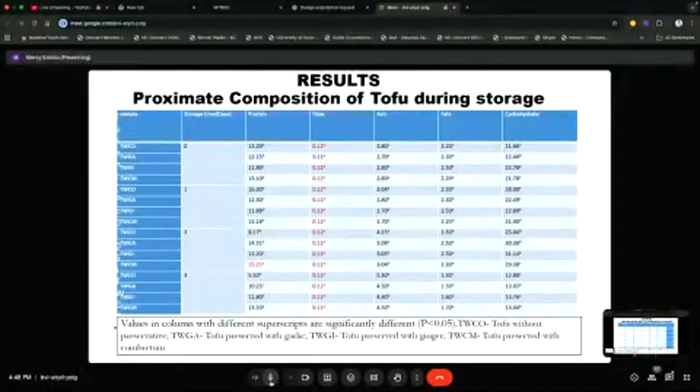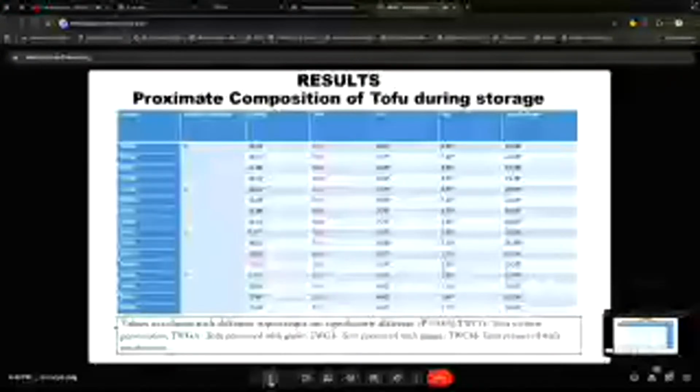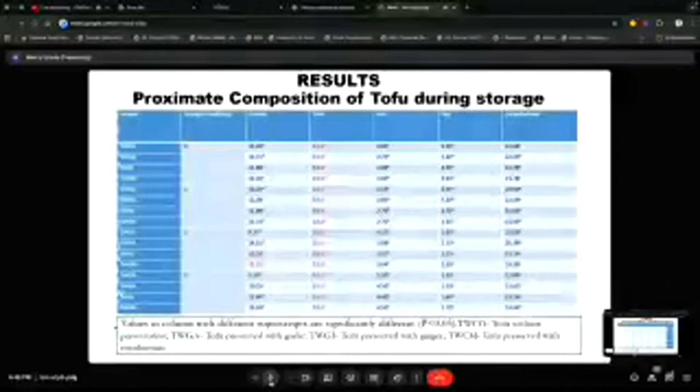Okay, wait. Can you please go to your flow chart? Your flow chart. That's the last. Your flow chart, please. Mercy, are you there? We wanted to see the composition, the formulation. Flow chart.